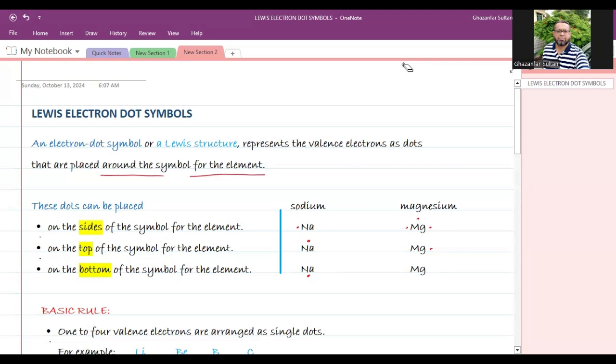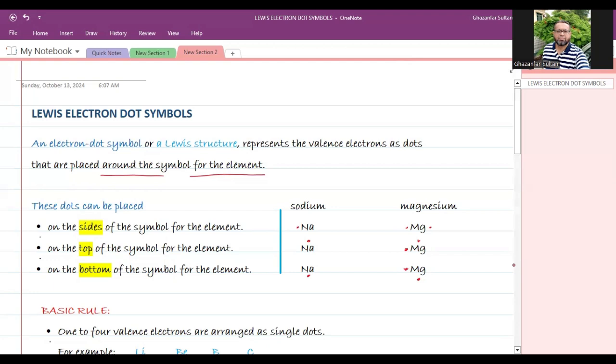For example, here, and one on top and one on the right side, or maybe one on the top and one on the left side. Similarly, it can be at the bottom along with the side, or on the other side. It's up to you.